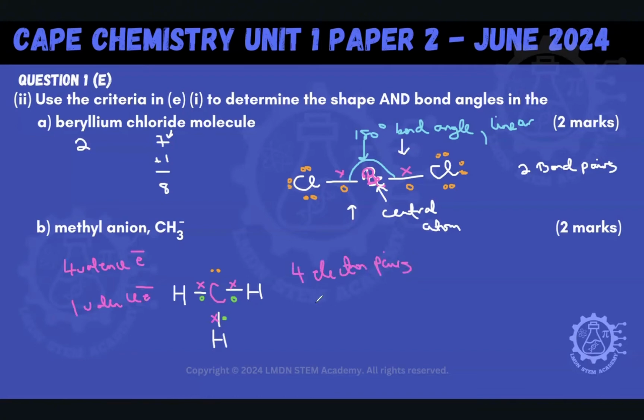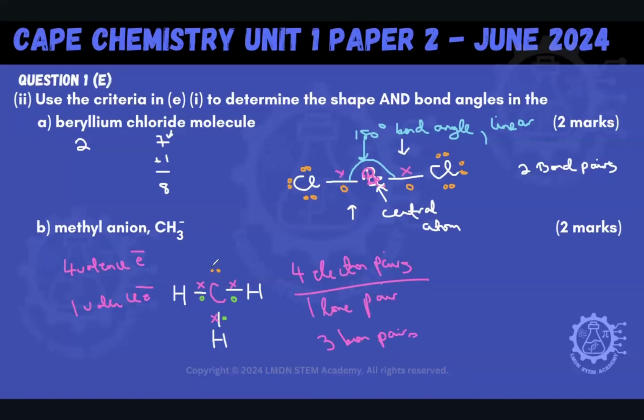And in that, there is 1 lone pair, right? Let me write that there are 3 bond pairs so that we're very clear as to how that 4 breaks down.